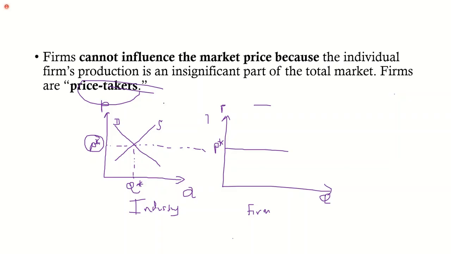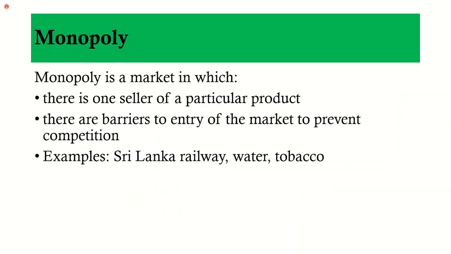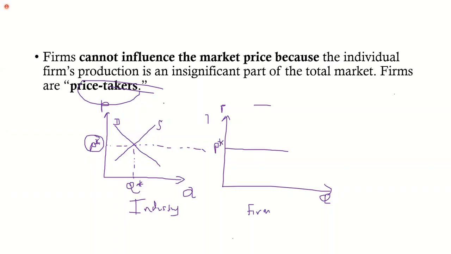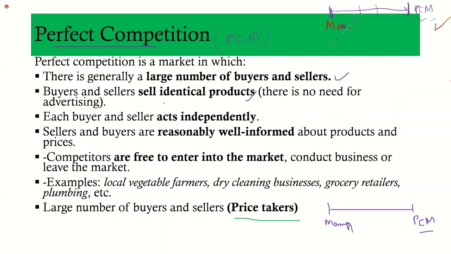So this is an ideal market, but we know that this doesn't exist. Now we are going to talk about deviations from this market, right? On one extreme, you find the perfectly competitive market. Right, so that's done.